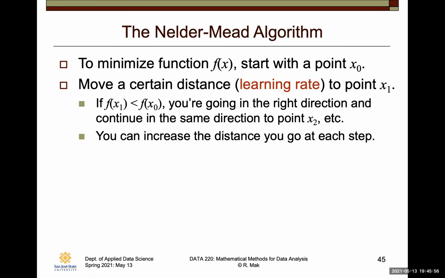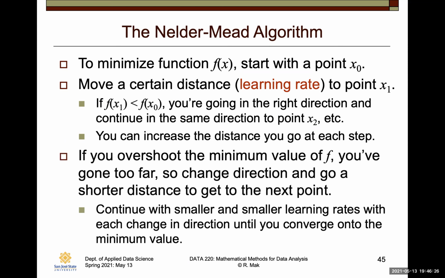You can actually increase the learning rate. Let's say that you're going in a certain direction, and by golly, the value of the function is getting less and less and less each time. You can get brave and increase the distance that you move. In fact, as long as you're going in the right direction, you keep increasing the distance that you move to speed up getting to the minimum point. Now, at some point, you may overshoot the minimum, right?